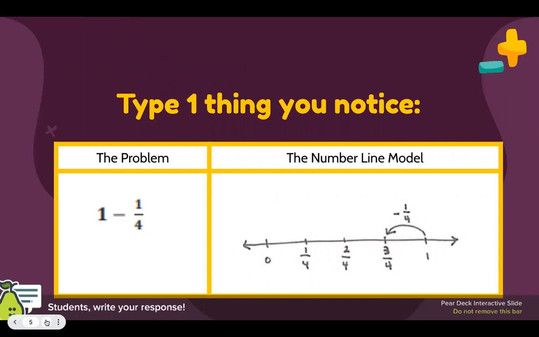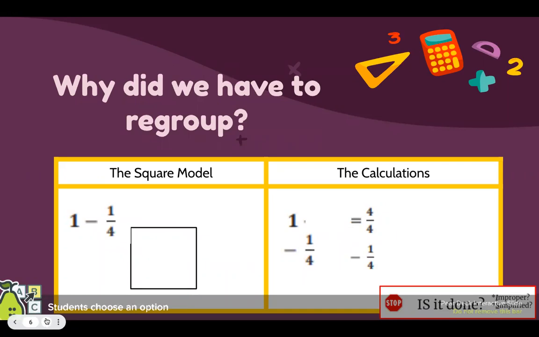Okay, so in this case, it's 1 minus 1/4. So using a number line, you see that you go all the way out to 1, and then it's like you're taking the line and dividing it into 4 equal pieces and you move back 1/4. So what would that actually be? That would be 3/4. You could use the model and you could take 1 whole.